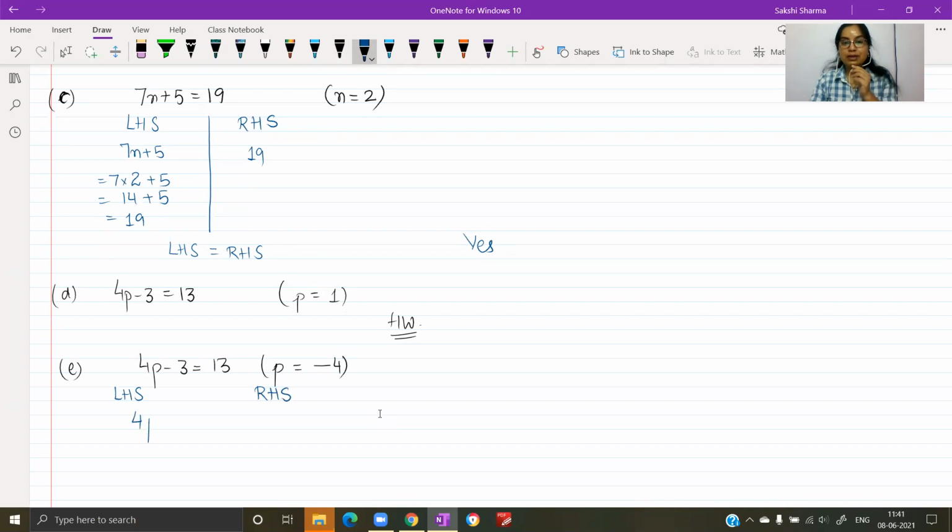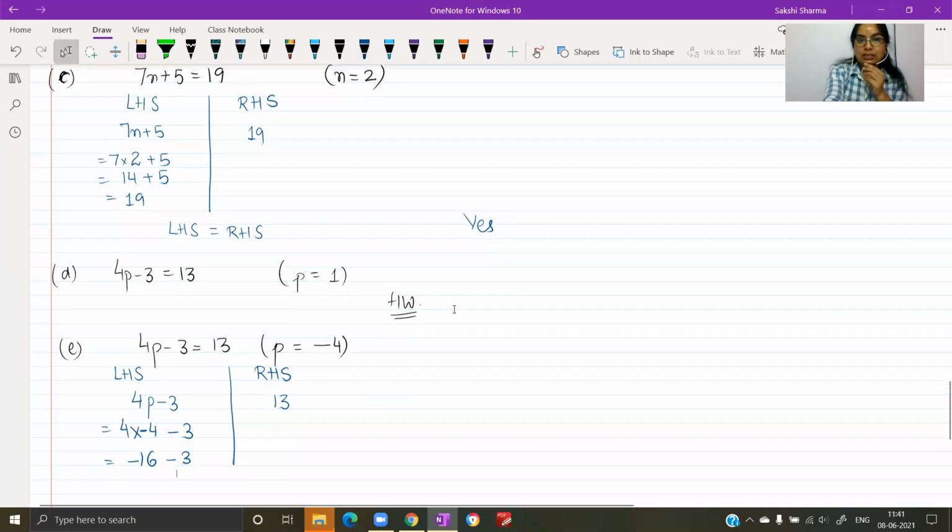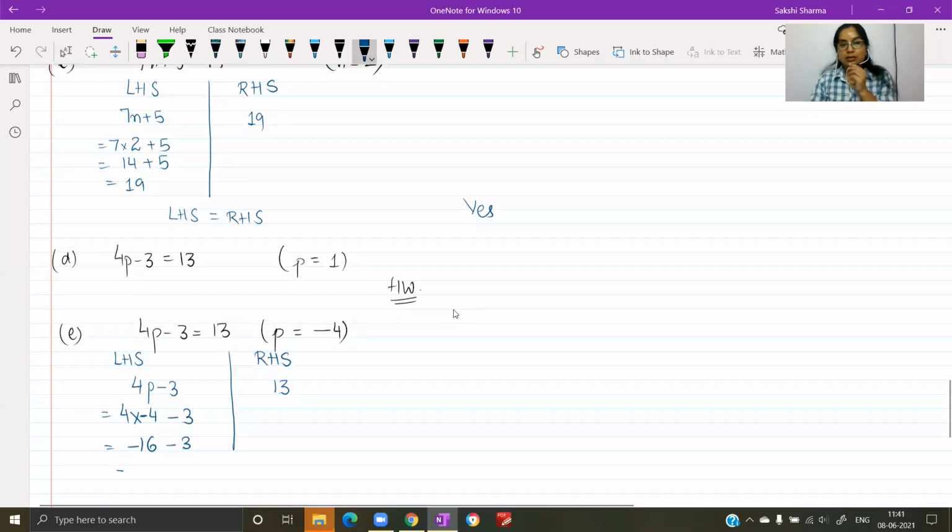I want to do the one with minus sign with you in the class. So 4 multiplied with minus 4, minus 3. Product is minus 16. We have minus 16 minus 3. The answer will be minus 19. The two sides are not equal.